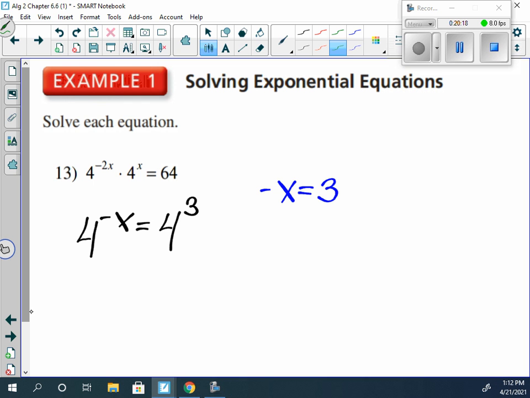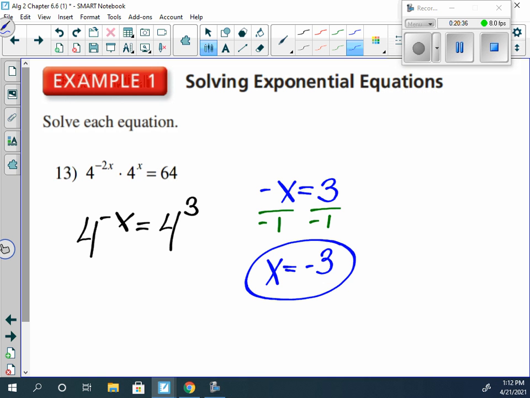And what do we need to do next? Well, we can divide both sides by -1, or multiply both sides by -1, which is just telling us x is equal to -3.